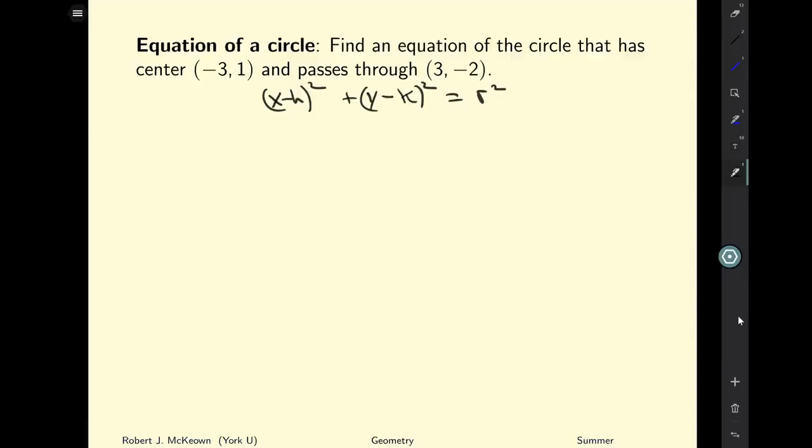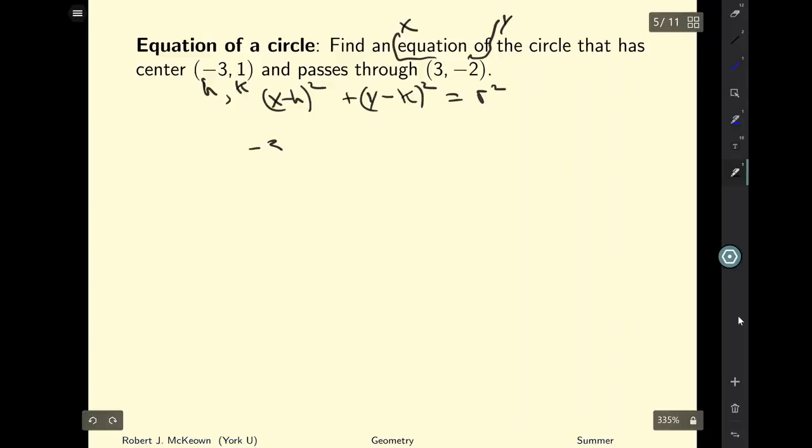So we have our center, so we have h here, and we have k here, and this 3 is our x, and this -2 is our y. So let's go ahead and plug those into the equation.